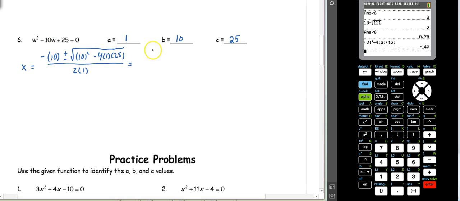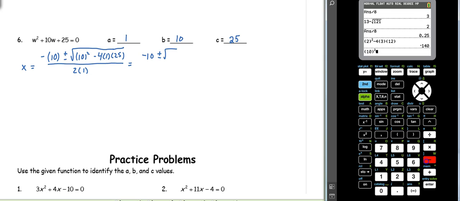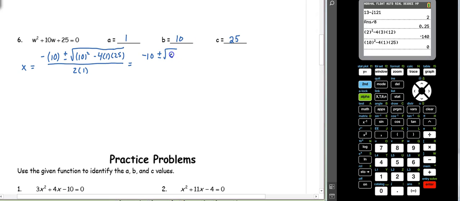When I go to simplify, negative times 10 is -10 plus or minus the square root. We're going to use the calculator to help us simplify: 10 squared minus 4 times 1 times 25, which is 0, all over 2.